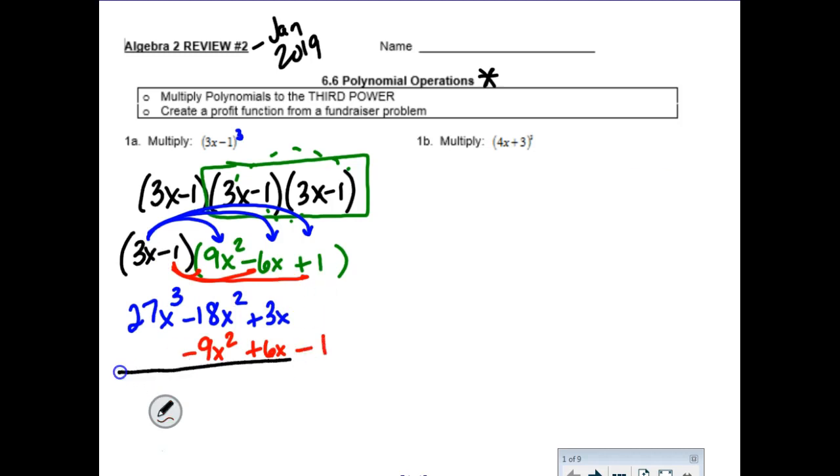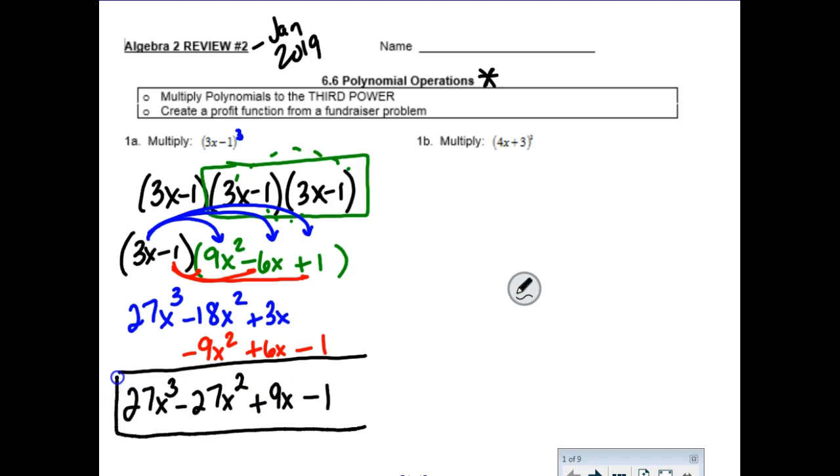So the final answer is what happens when you add up all these like terms. We have 27x to the third minus 27x squared plus 9x and then a minus 1.